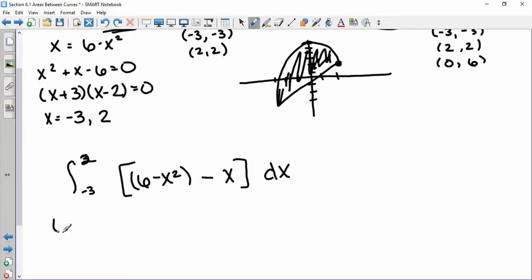So if we integrate, the antiderivative of 6 is 6x, minus the antiderivative of x squared, which is 1/3 x cubed, minus the antiderivative of x, which is 1/2 x squared.